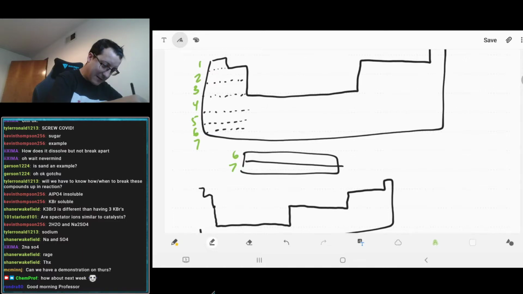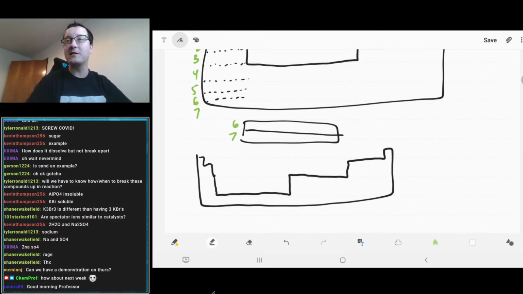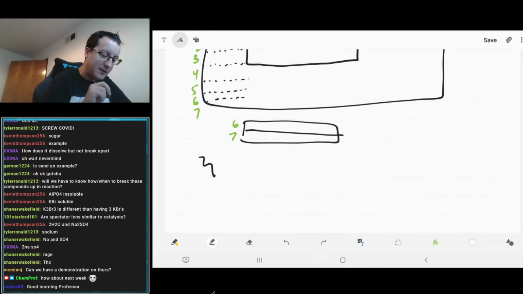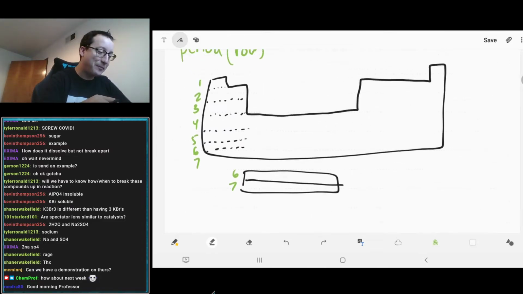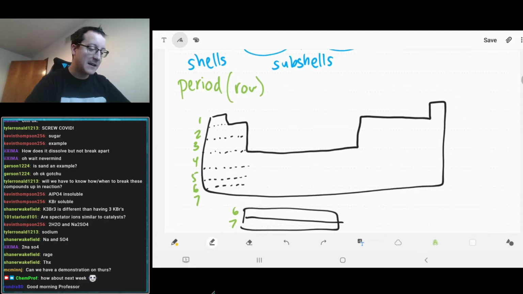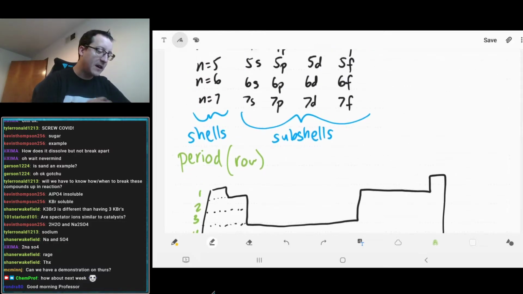Technically this is what it would look like if we were to stick those two rows in there, but they decided it's just a little bit easier for us to keep those up top. So just going to delete that because there's no sense in it. There we go. So we're going to see that these rows of the periodic table correspond with the shells.